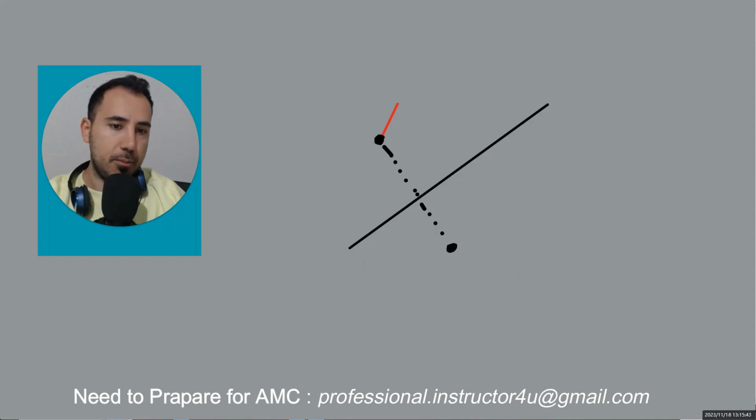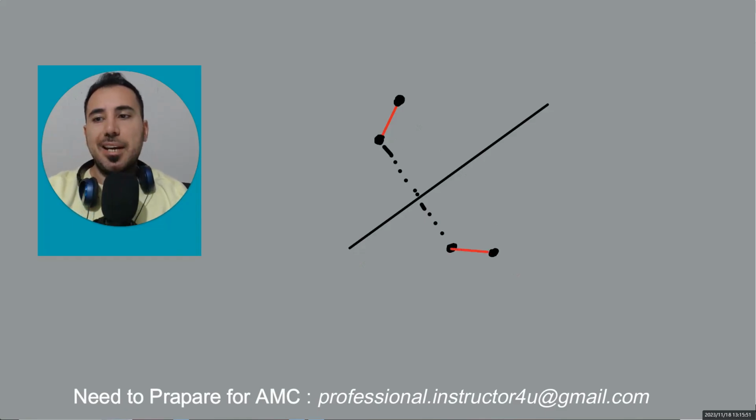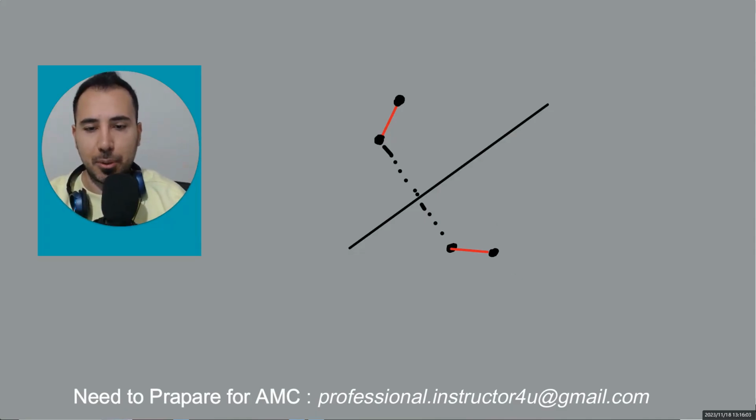So then it would become something like this. This point becomes this point, and then you would connect these two. So when they're asking you to reflect a complex shape, you would just choose some points within that shape and then reflect the points. And then you connect the points, you get what you're looking for.